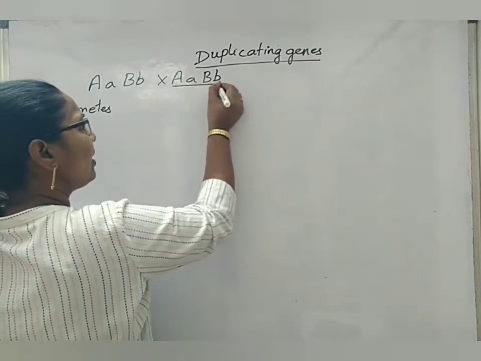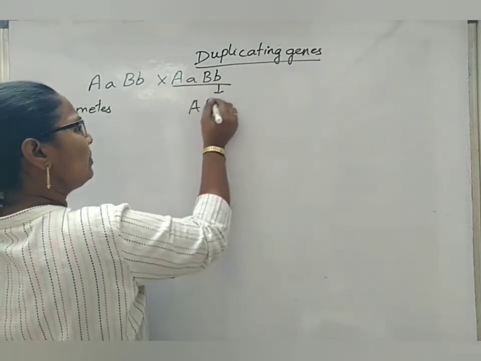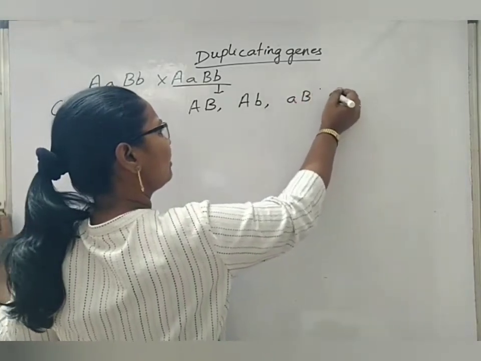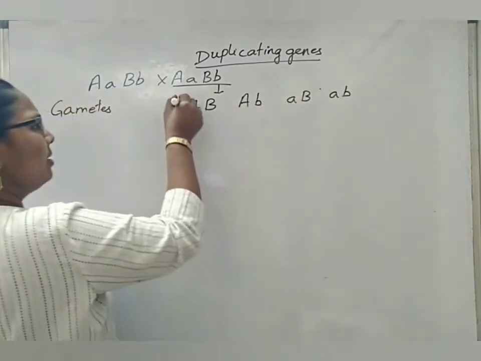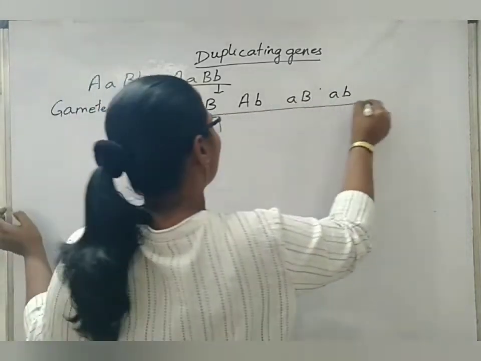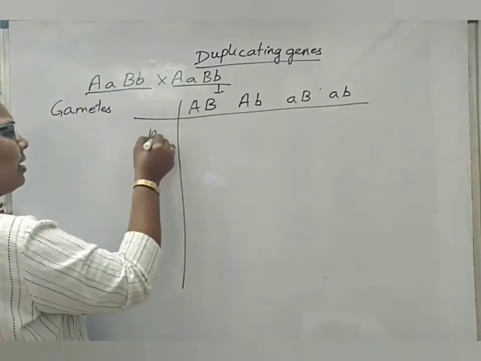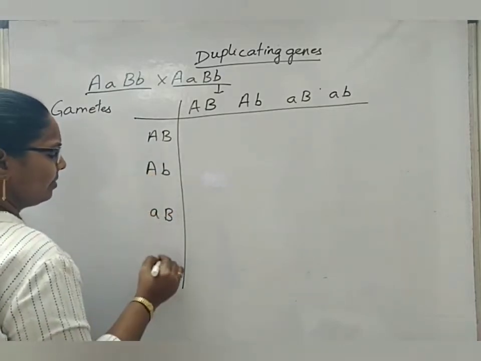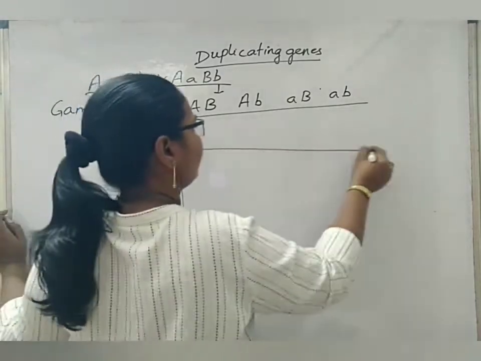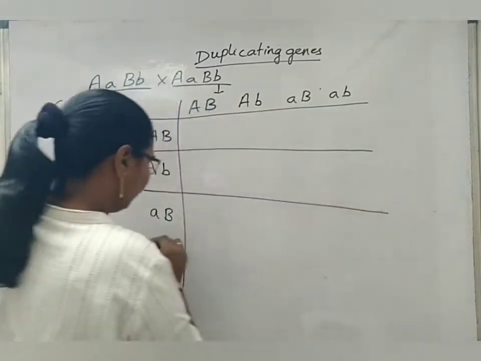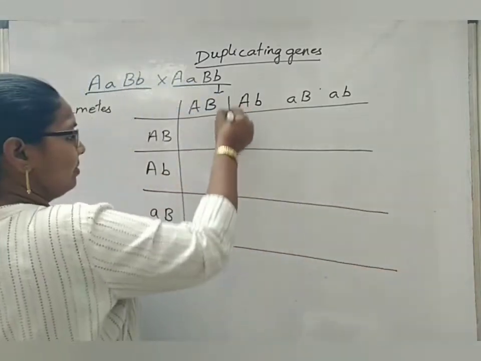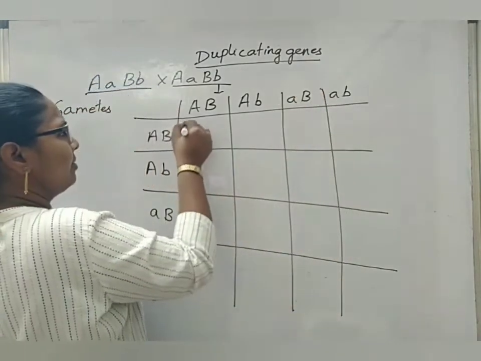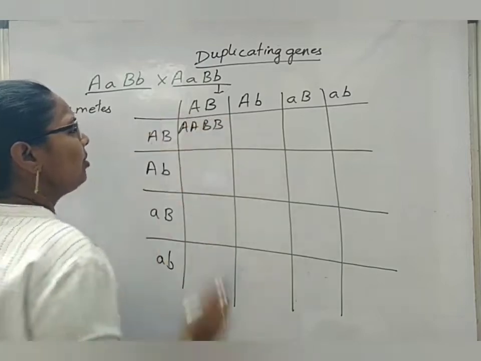If you take one type of offspring, the gamete types are AB and so on. Now represent this one, and gametes from this are again like this. Allele combination is like this.